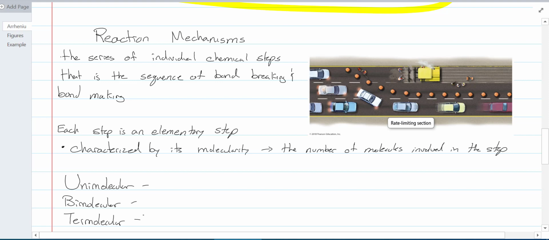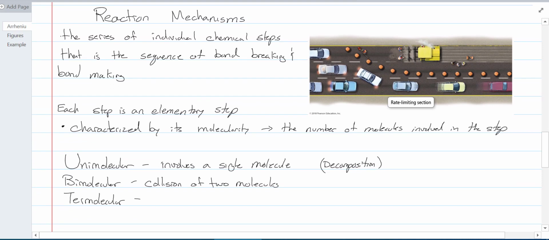And you guys can probably figure this out, but unimolecular involves a single molecule, such as decomposition. Bimolecular would be a collision of two molecules.